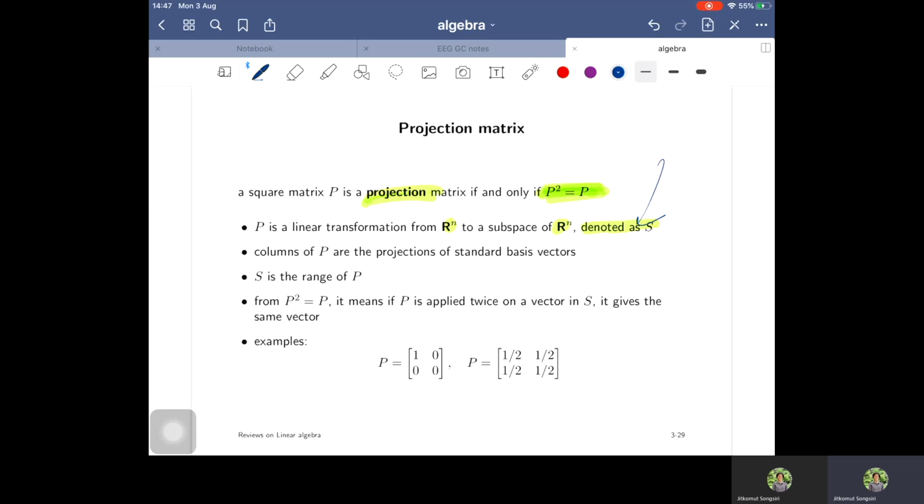For example, P is this matrix, 1 0 0 1. If you check the definition real quick, P squared is multiplying P two times, so you get P. Or this one also, you can just multiply and check the definition. It's satisfied, P squared equals P. But when we take a look at this matrix P, what does it do on a vector of R2?